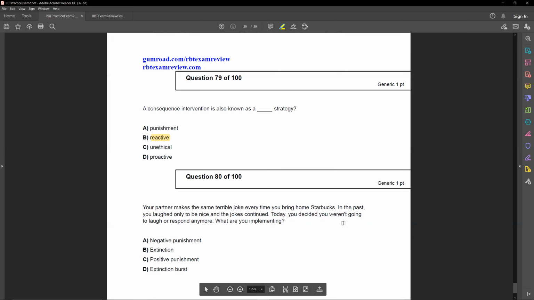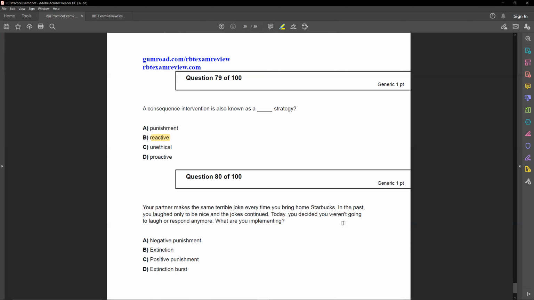Well, what are we doing in this scenario, right? Are we adding or taking anything away in order to decrease the behavior, or are we just ceasing to deliver reinforcement? That's what you have to ask yourself in this scenario. A lot of people might say negative punishment, right? Well, no, we're taking away our laugh.